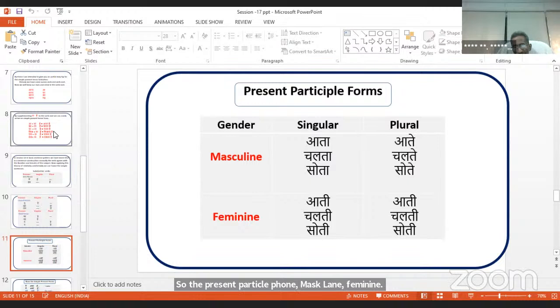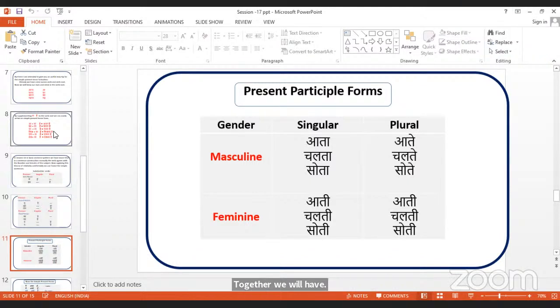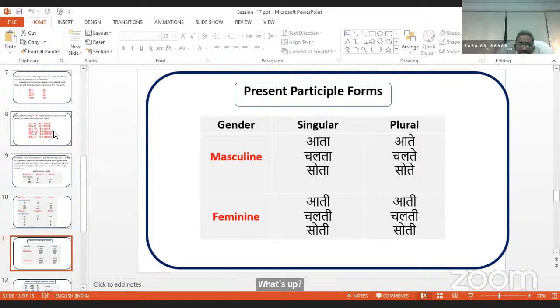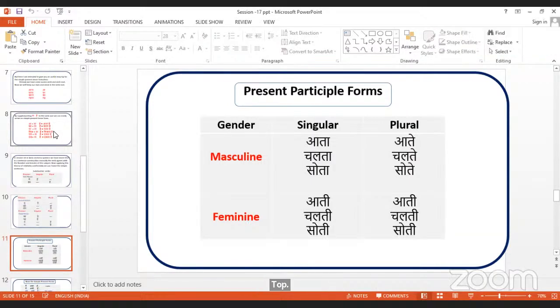Please repeat it. Aata, aate, aati. Chalta, chalte, chalti.